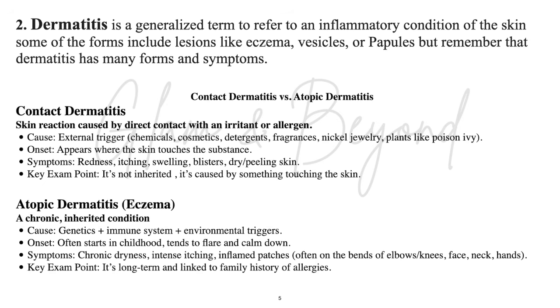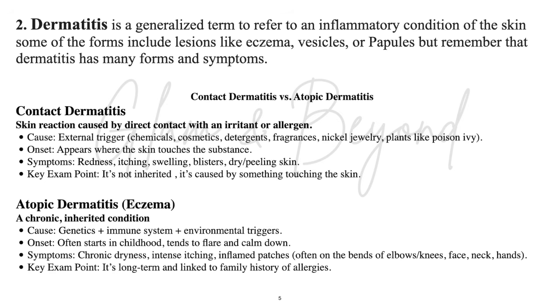Atopic dermatitis, on the other hand, something like eczema, is a chronic inherited condition. Cause could be genetics plus immune system plus environmental triggers. Onset often starts in childhood, tends to flare up and then calm down.